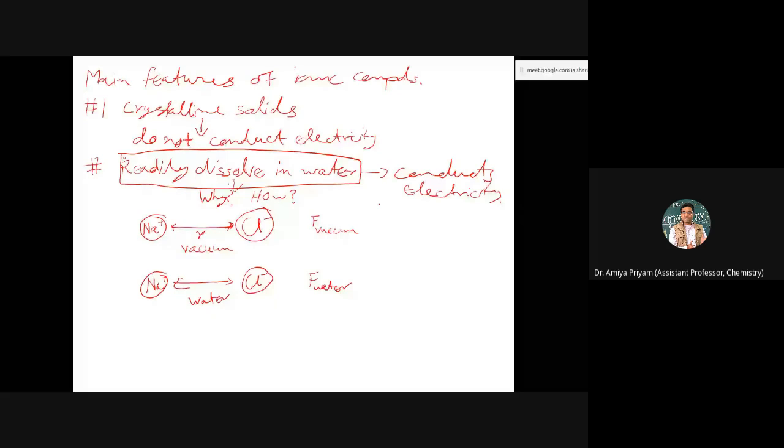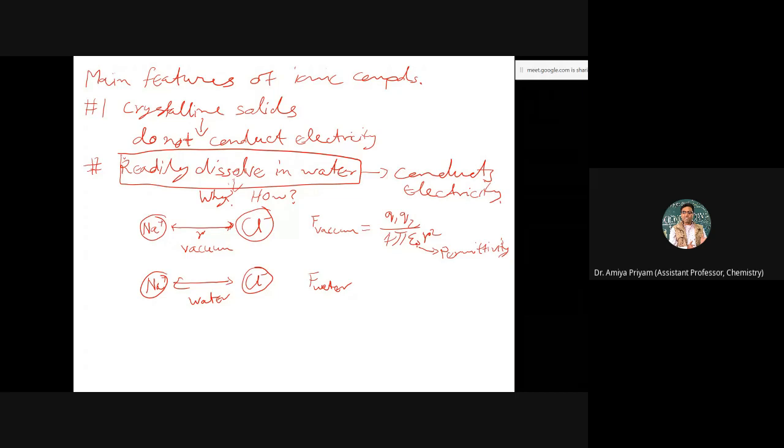Simple electrostatics tells you that it is Q1 Q2 by 4 pi epsilon naught, where the distance is r square. This epsilon is the permittivity in vacuum. So it tells how easily electric lines of force can travel, and that is the best possible manner in which they can travel, in vacuum.